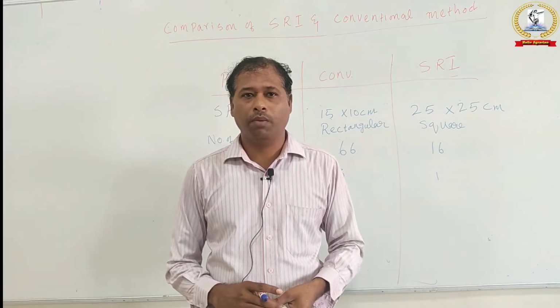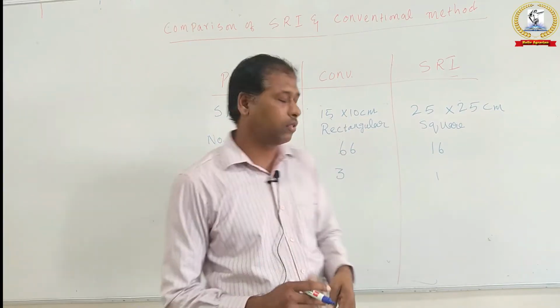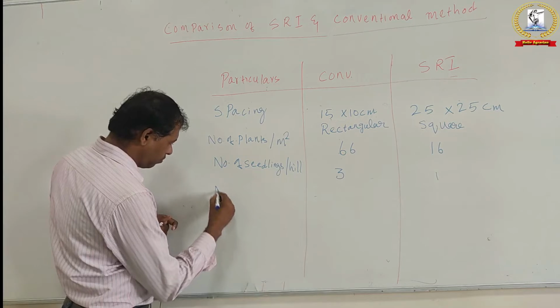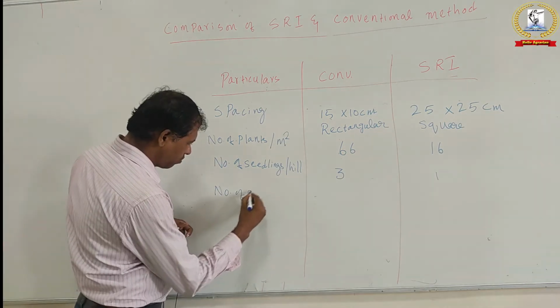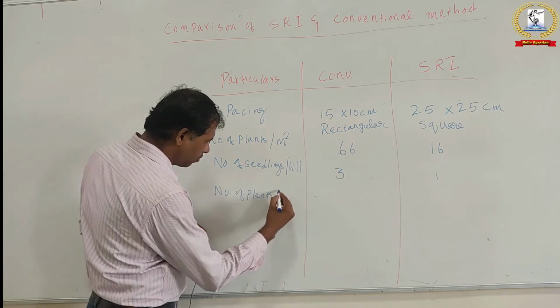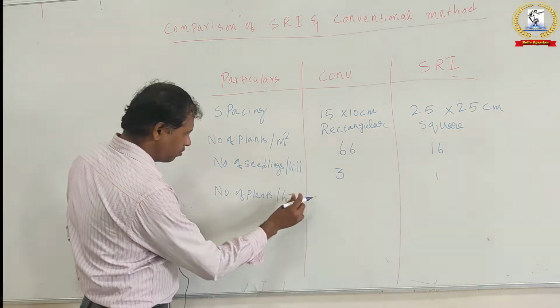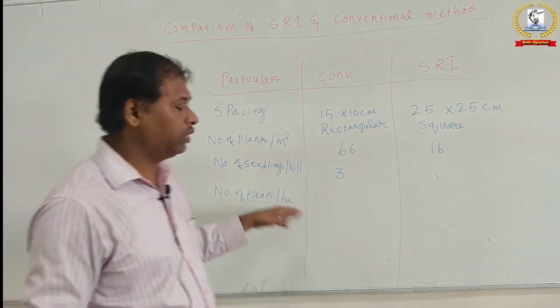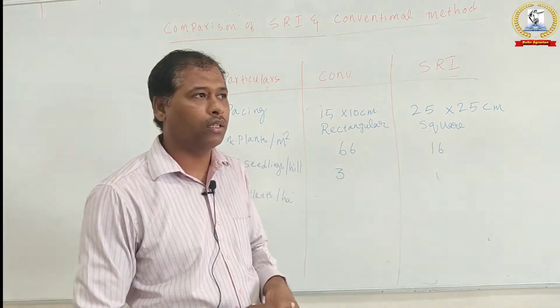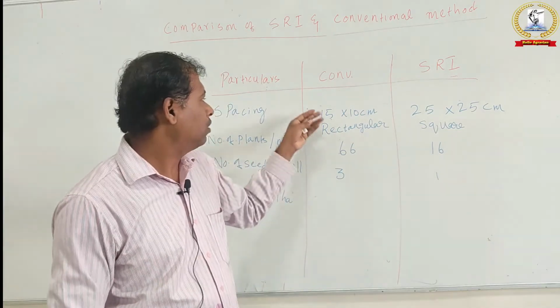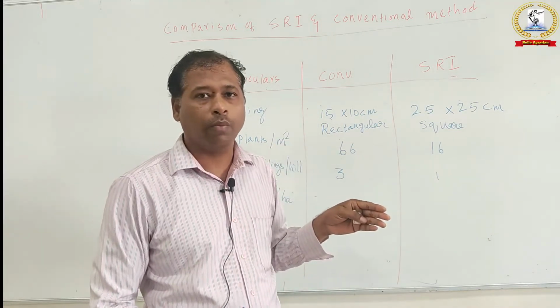Next one is number of plants per hectare. This can be determined by calculating plant population.